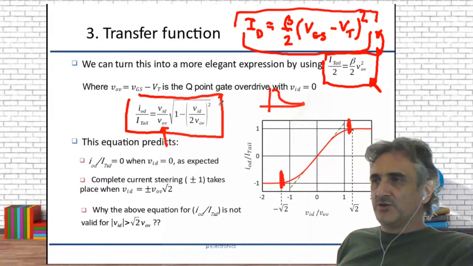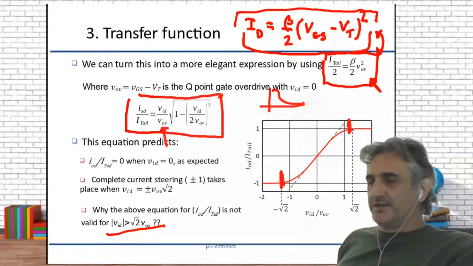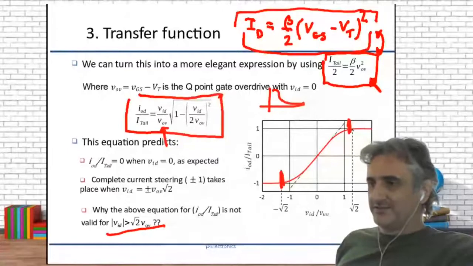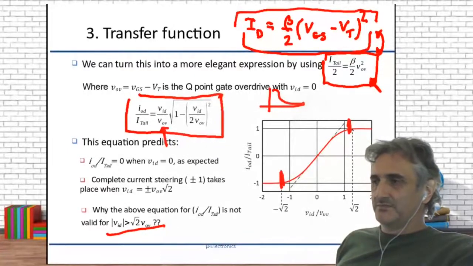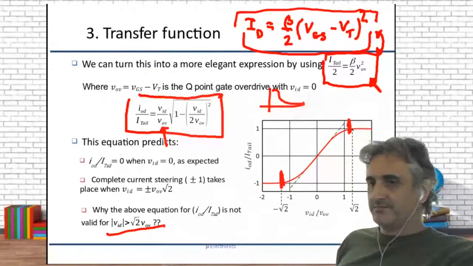So this equation stops being valid over these limits. Understood? So the equation is a good equation, but only when you are keeping inside the region where the equation is valid.